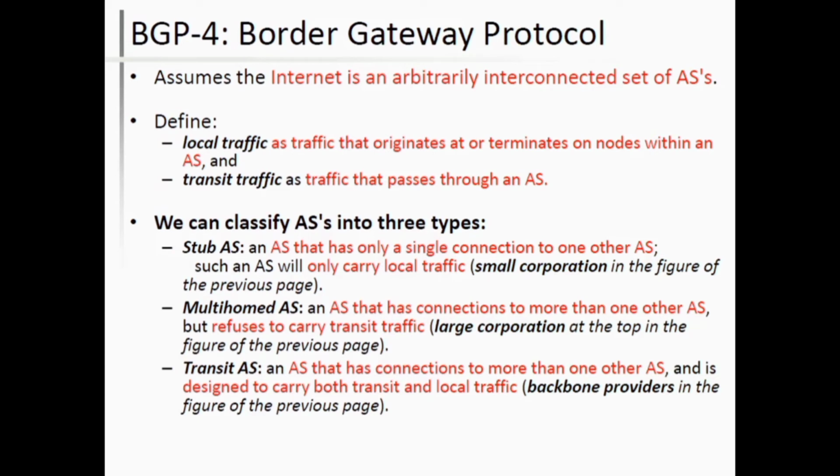We can define local traffic as traffic that originates at or terminates on nodes within an AS, that is autonomous system. And we can define transit traffic as traffic that passes through an autonomous system.